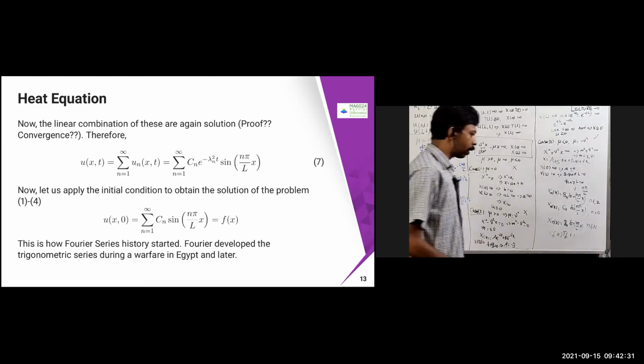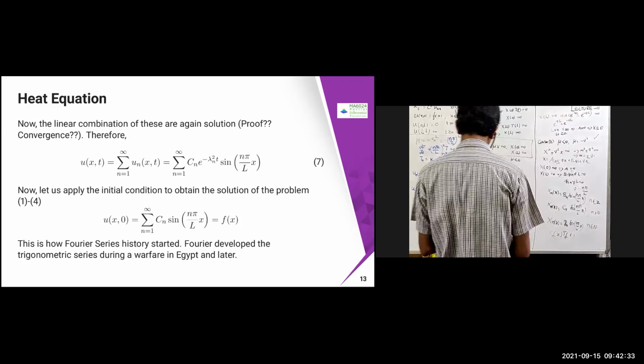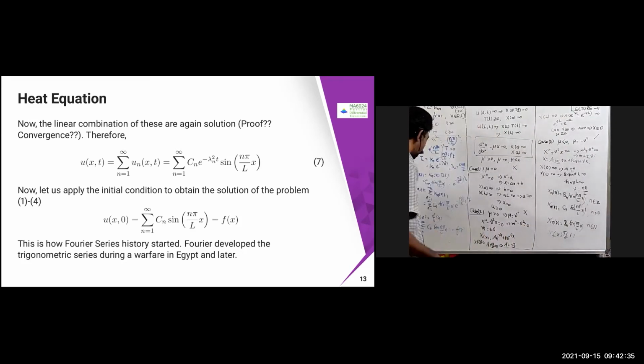Here there are two things I have to mention. One thing is that this is the basic underlying idea behind the Fourier series, and the history of Fourier series started from here only. Because here you have a series which is going to converge to some f of x.